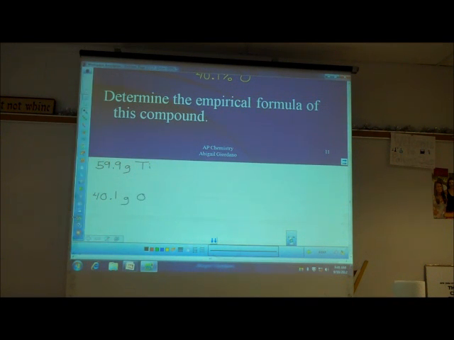That's step 1. Step 2. For each one, you are going to do a very short 1-step conversion to turn each one from grams into moles.